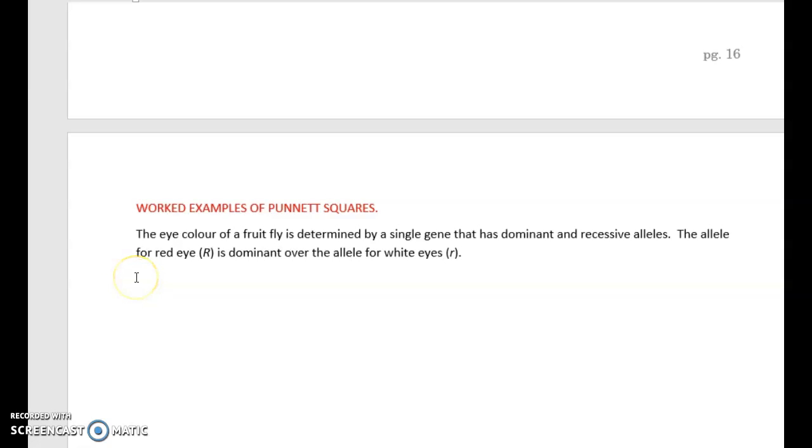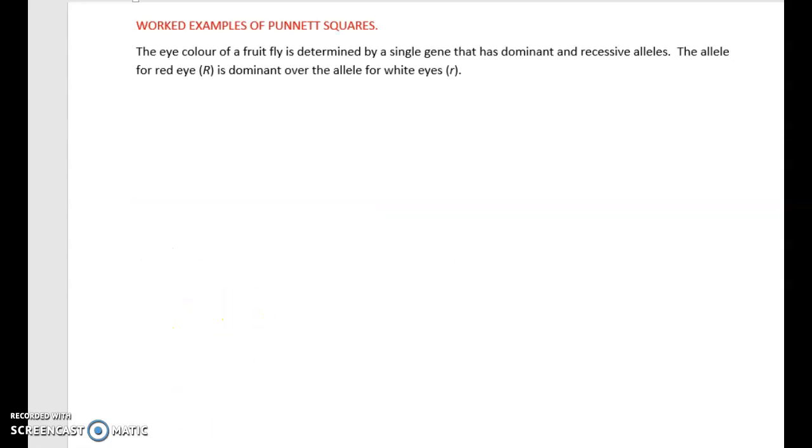Step 1 is, let's wait a moment. Right, back, pen in hand. So the first step, we've got our 5 steps. So step 1 is the alleles, or the keys for that. Step 2 is parents.